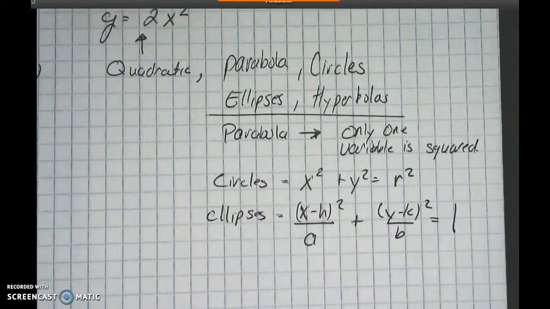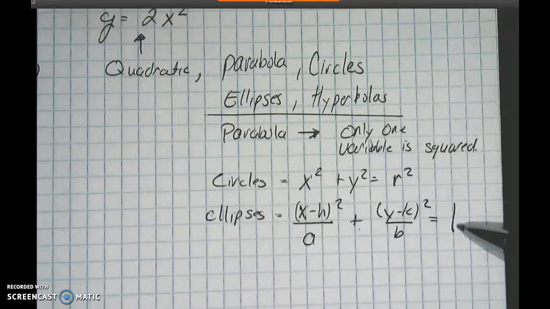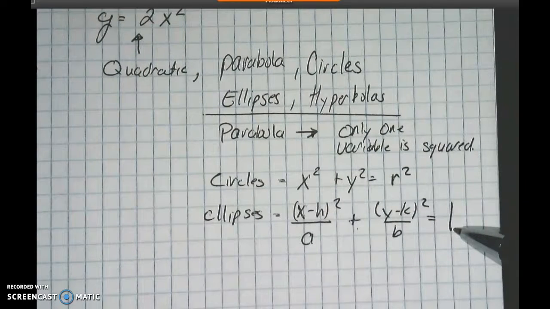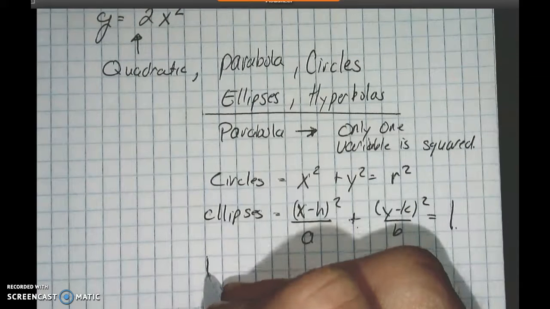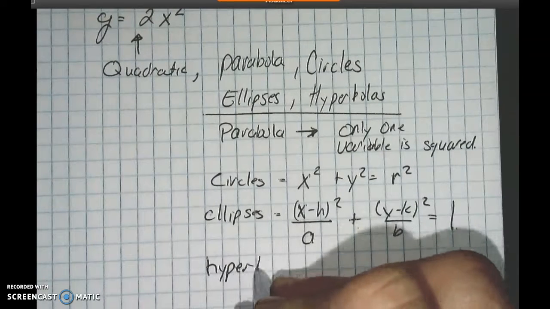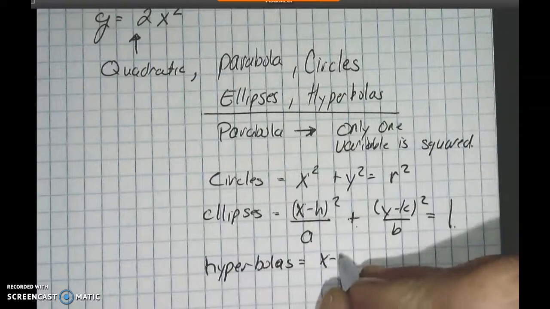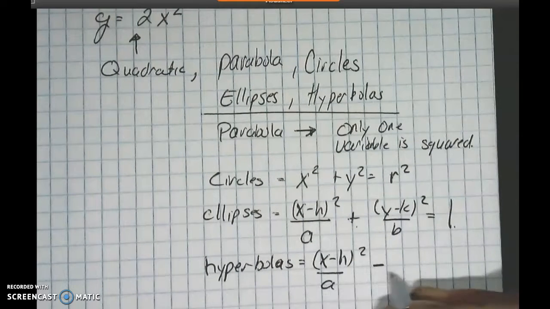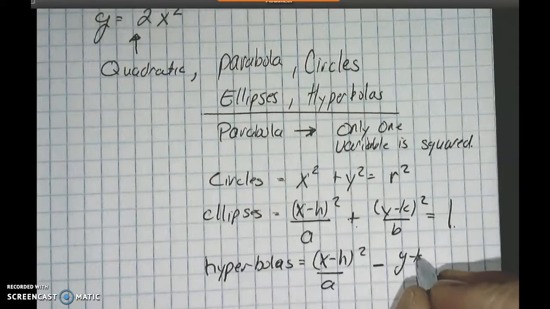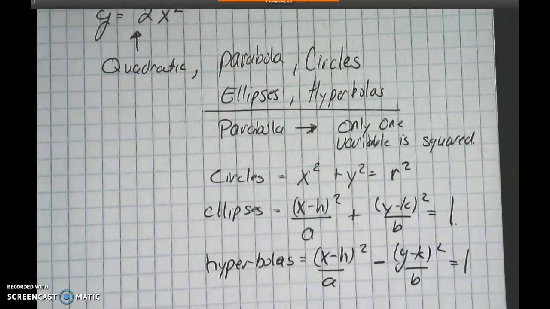Okay, so basically what we're looking for is a fraction. It's a plus and it equals 1. Okay, and then your hyperbolas are going to be just like the ellipses, except that it's a minus, but it's still equal to 1.